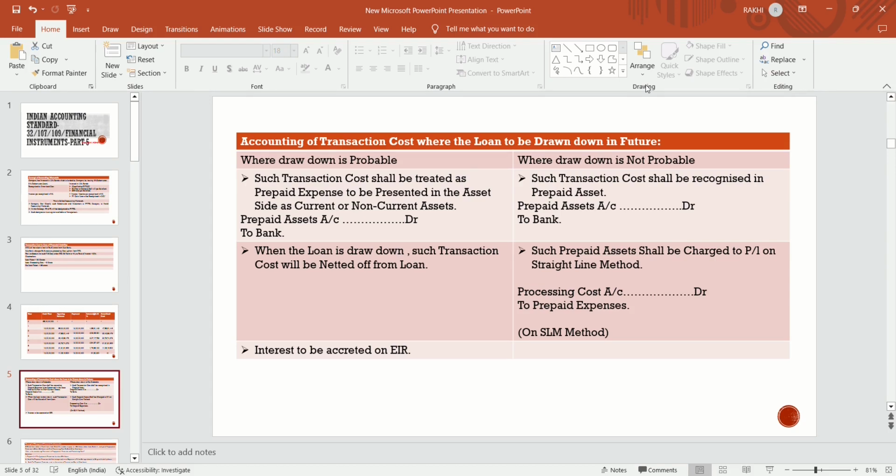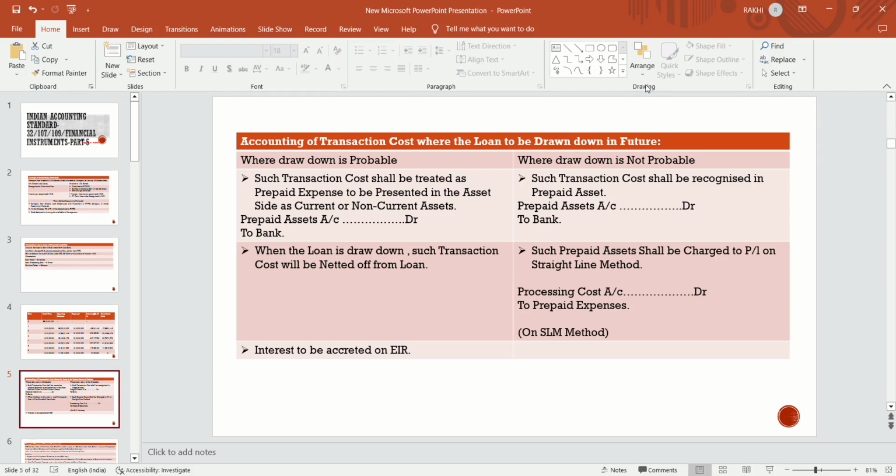When the drawdown of the loan is probable, when there is a probability that they will draw down the loan after sanctioning, then such transaction cost shall be treated as prepaid expense, because the transaction cost is incurred today but the loan is drawn after some period of time, and the probability is there that they will draw the loan.